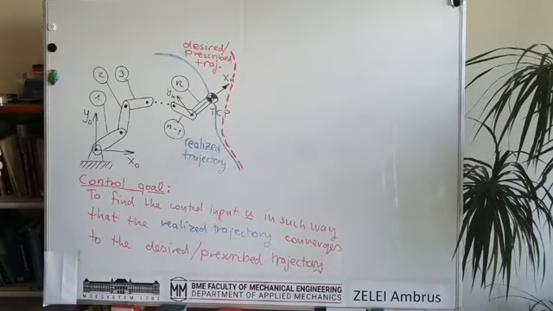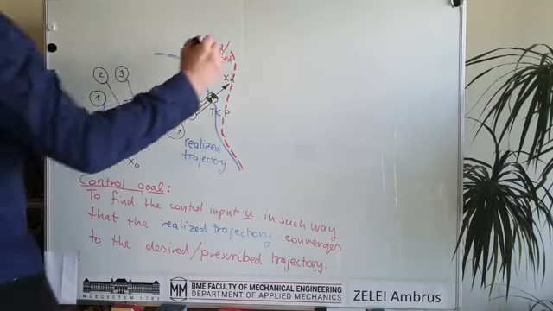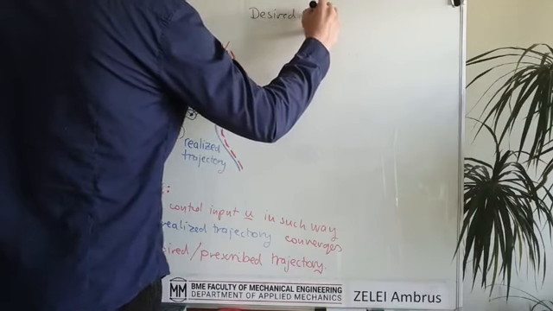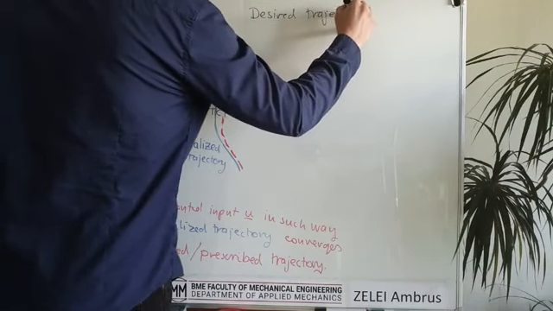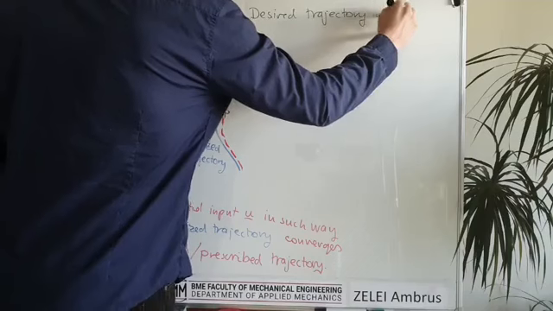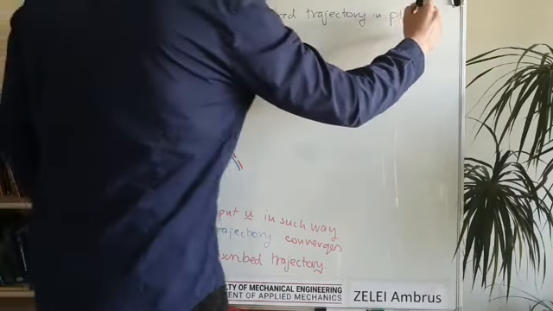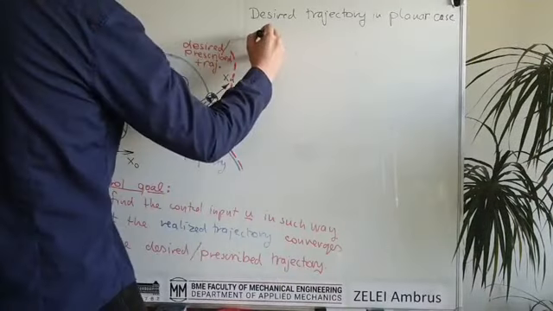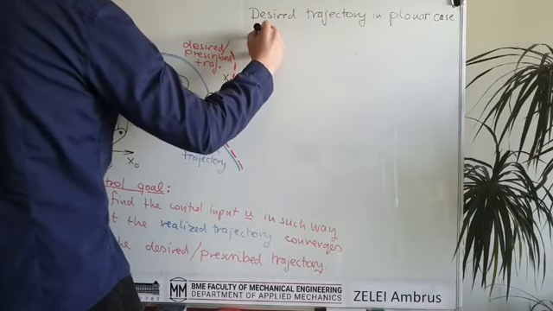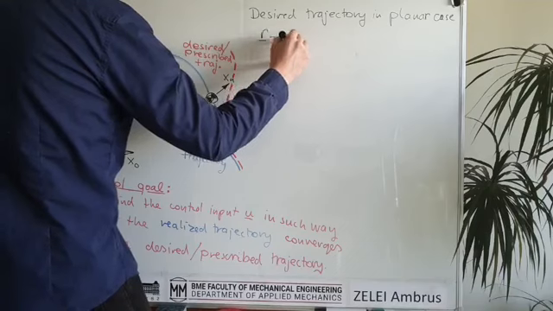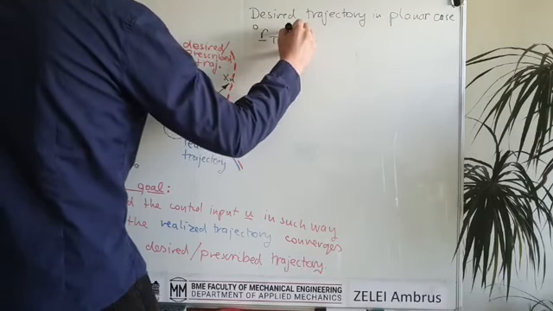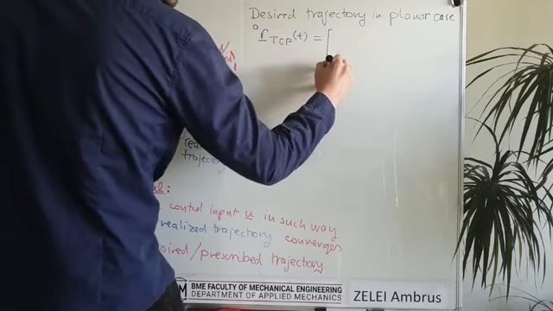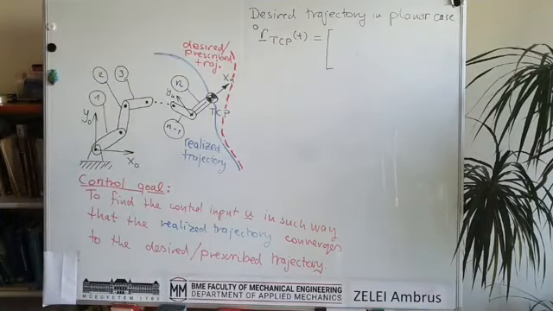So let's see what the desired trajectory looks like. In the planar case, the desired trajectory means that the tool center point is defined as an explicit function of time.